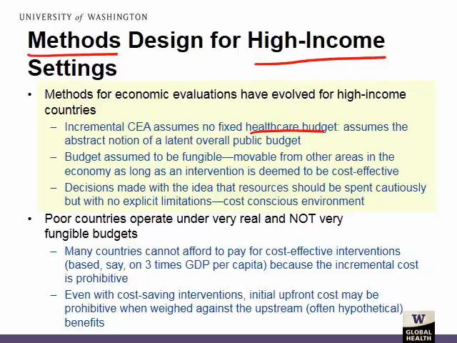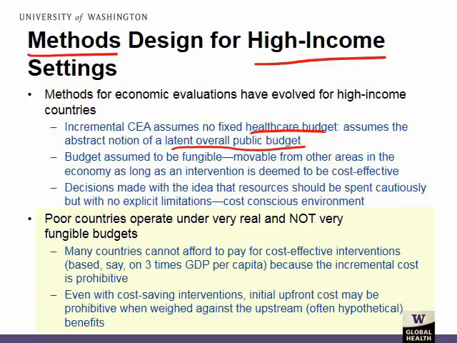The idea that if you find an intervention to be cost effective, you can mobilize resources from other sectors or from some place and fund a cost effective intervention. However, even when decisions are made with the idea that resources are scarce, they don't put explicit limitations on these resources. So there's no explicit upper limit for the amount of money available to pursue cost-effective interventions. Now, in poor countries, this is not the case. Budgets are very real and very limited.